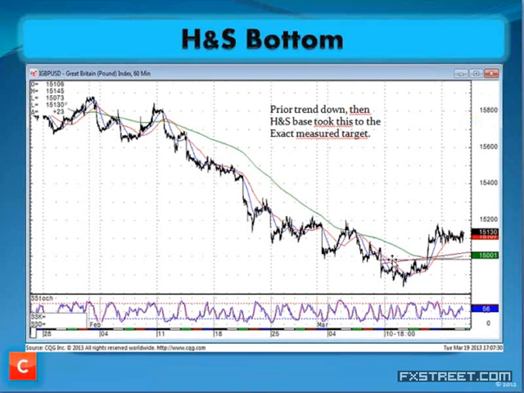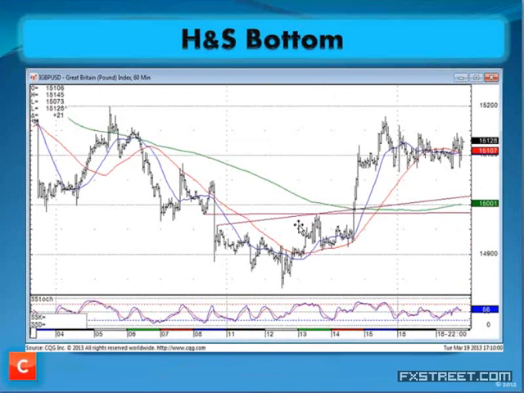Now, this is where we had a head and shoulder bottom in cable. I've done a longer term chart because I wanted you to see that it had the prior trend. But if you look at this chart, you can see where it was an actual break point. We went up, we didn't come down, and we went to the exact measured target. At that point, you know that's a good resistance level.